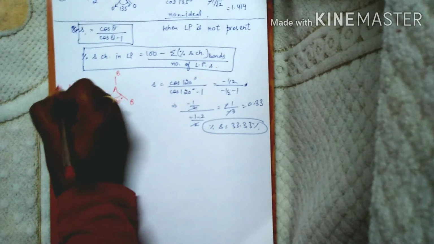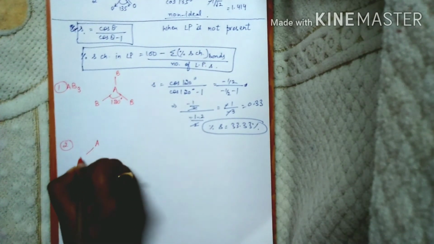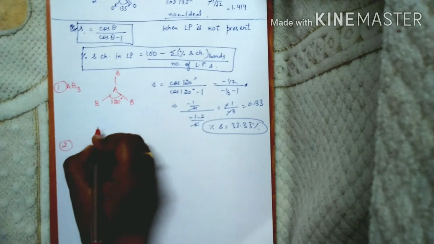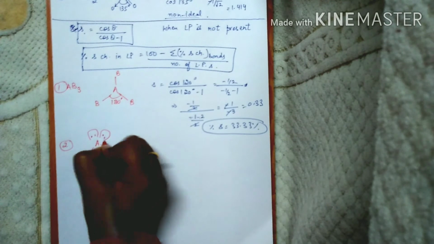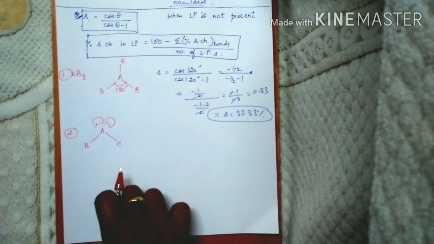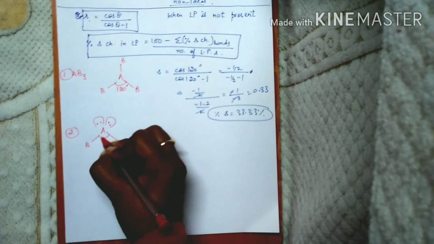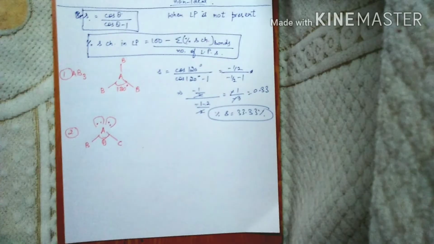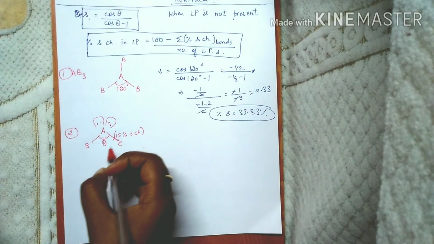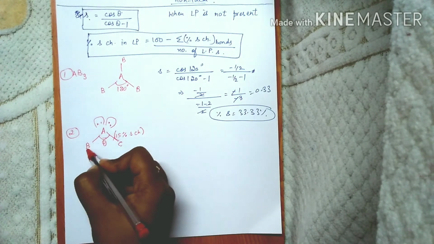This is the first example. For the second example, I'm taking a molecule A, B, and C, and there are two lone pairs here. This is bond AB.